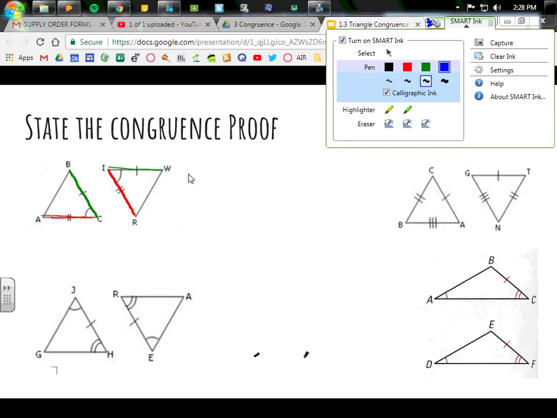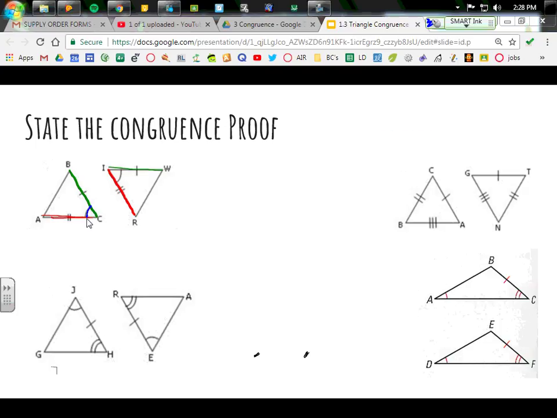Then we have an angle between them that matches. All right, so what do we have? Side, angle, side. So we can just use the abbreviation. Side, angle, side.